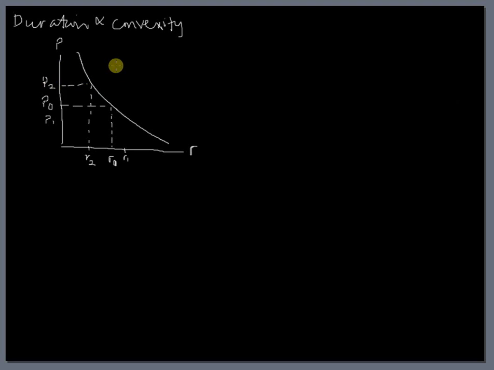When yields rise, we make a loss. So we want to express a relationship between the change in price and the change in yield, so that straight away when we buy a bond, we know what the risk of this bond is when there's a rise or fall in the yields, and that is where the concept of duration and convexity comes in.